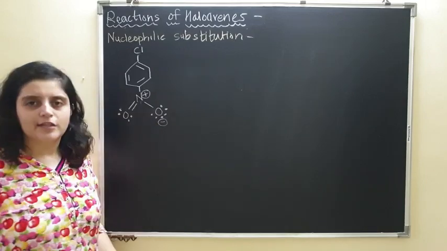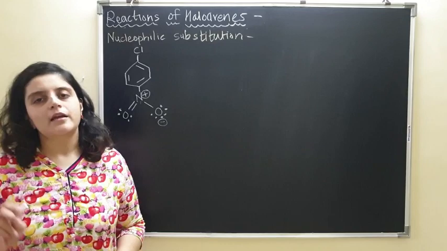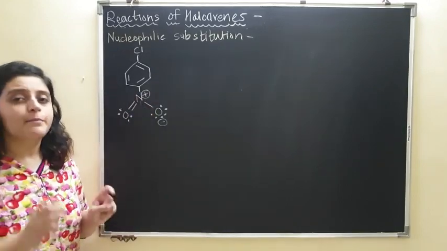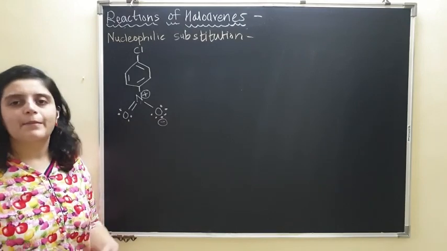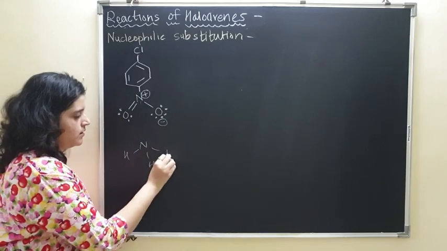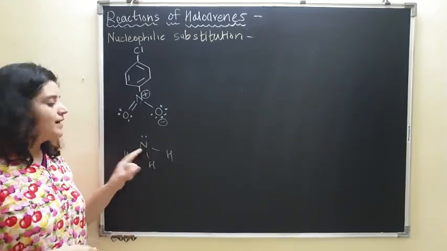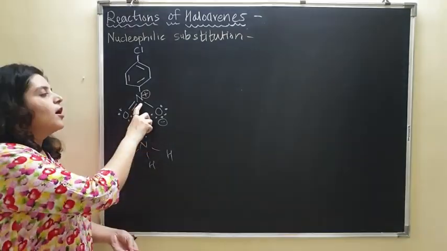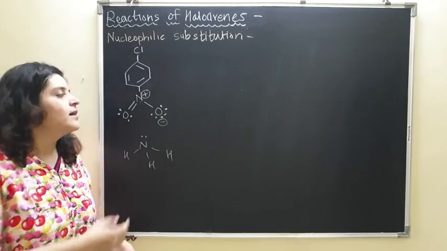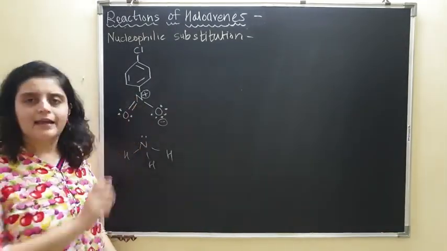Whenever we have such a situation, there is going to be a negative charge on the oxygen atom and a positive charge on the nitrogen atom. In the normal case, for example NH3, there is a lone pair of electrons on nitrogen, but on this particular nitrogen there are no lone pairs of electrons. So we can say there is 1 lone pair, 2 electrons, less on the nitrogen.